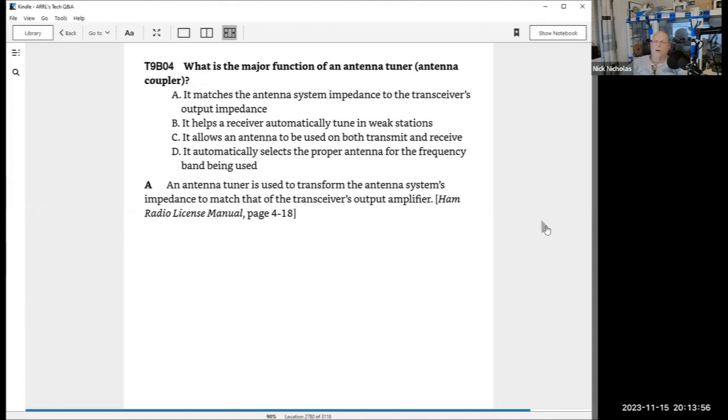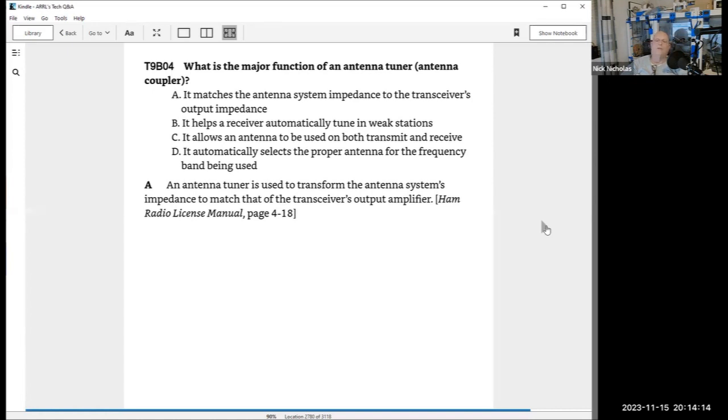What is the major function of an antenna tuner? It matches the antenna system impedance to the transmitter's output impedance. That's all it does. It doesn't improve the antenna. It doesn't create a better signal.